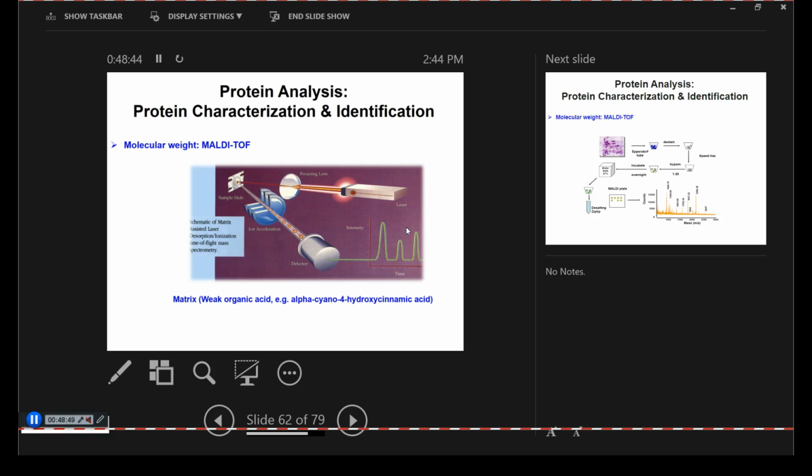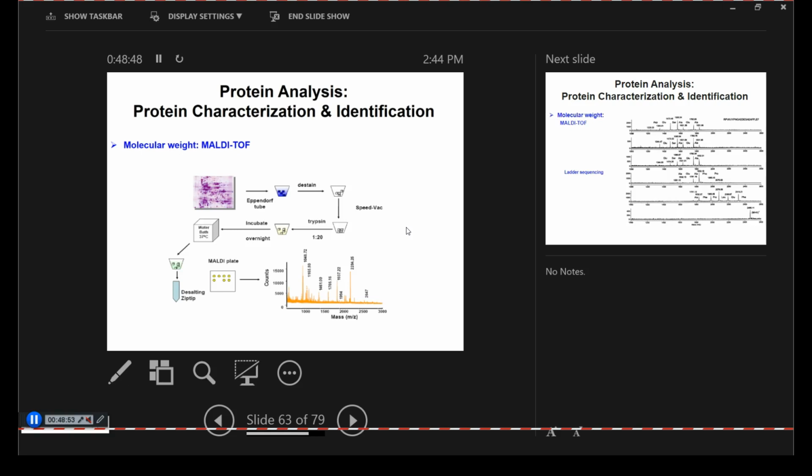So again, this is a very brief and simple description of MALDI, but in terms of application, what we often do, especially for proteins that we want to identify, or if we want to identify a change at a particular site on the protein, you run the protein normally on a 2D gel, so we have as much separation as we can.